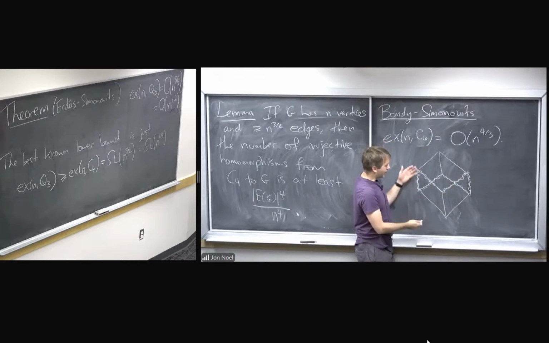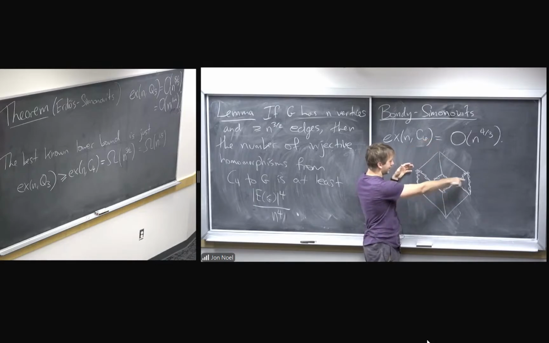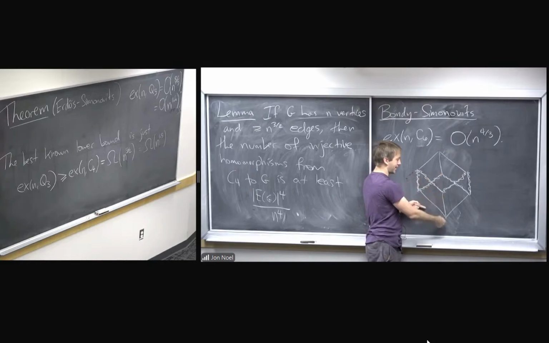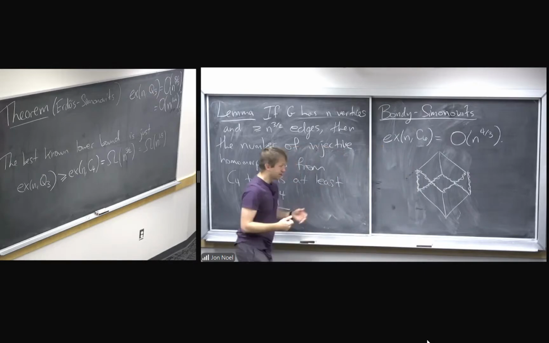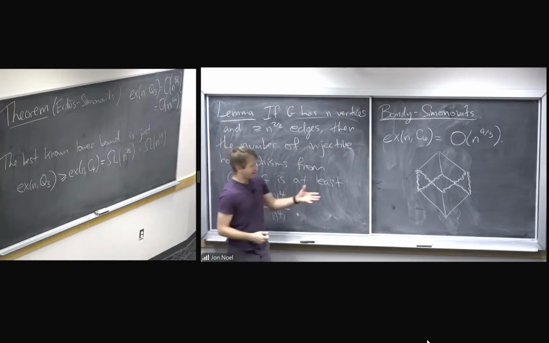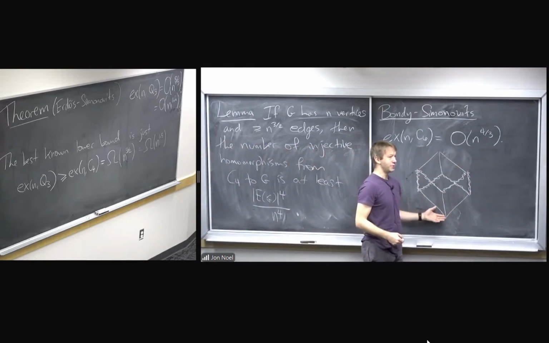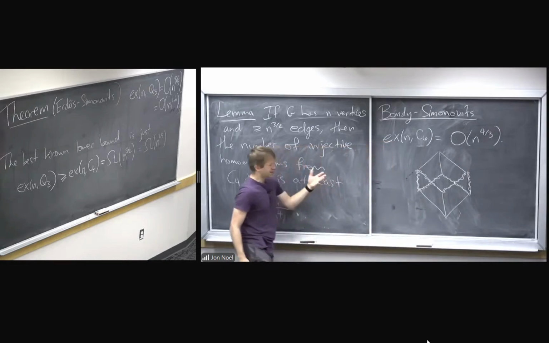If we can find a 6 cycle where there's some vertex that dominates every second vertex on that 6 cycle, and another vertex that dominates the other vertices on that 6 cycle, this is going to be useful for finding the cube. So that's the relevance of this result.